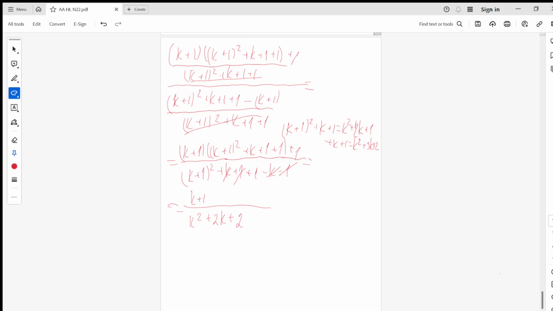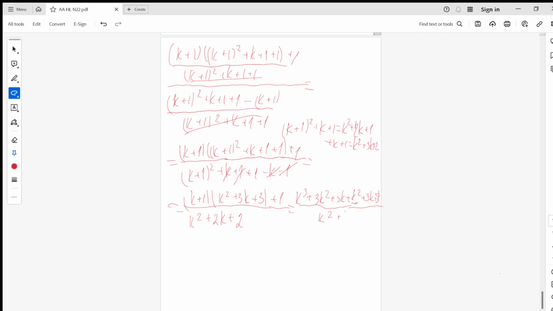And here is k plus 1 times k squared plus 3k plus 3 and plus 1. And let's open up the brackets. So it would be k cubed plus 3k squared plus 3k plus k squared plus 3k plus 3 and plus 1.